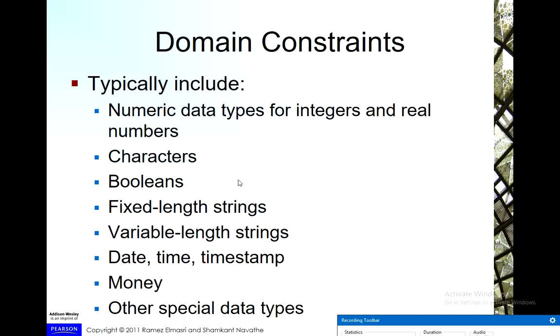Date, time, timestamp, also money. What to use for money? It has decimal places, or it doesn't have decimal places. There are a lot of different data types that you will learn later in the subsequent chapters, where you can get to know all the different types of data types of these attributes.